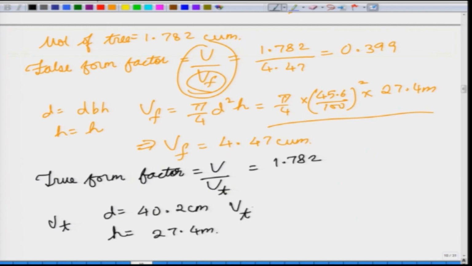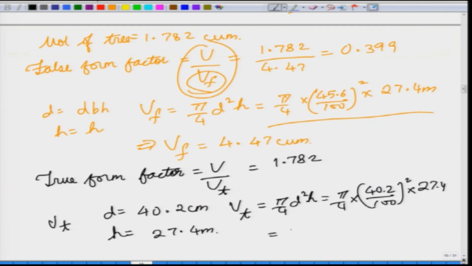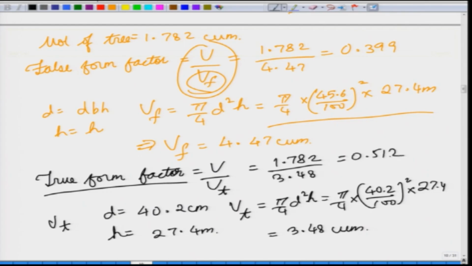So, the true volume is given by pi by 4 d square h, which is pi by 4 into d, here 40.2 divided by 100 meters, into height 27.4. So, this comes to be 3.48 cubic meters, and so the true form factor is 1.782 divided by 3.48, which is 0.512. The true form factor again is a dimensionless quantity, because you are dividing a volume by another volume.